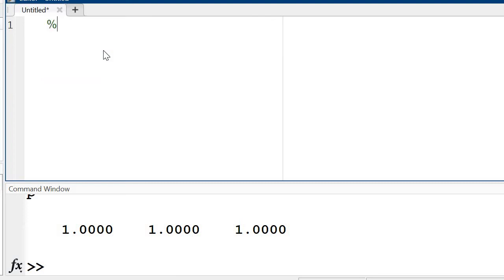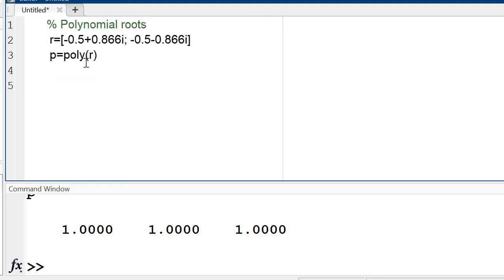It means our function is s square plus s plus 1. This is our function, and these two are the roots of this function. Clear? Very simple, very easy concept.